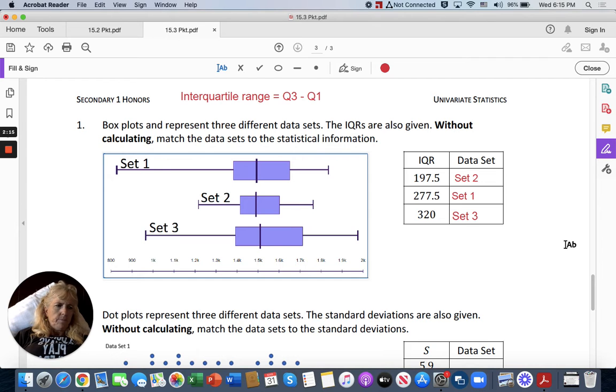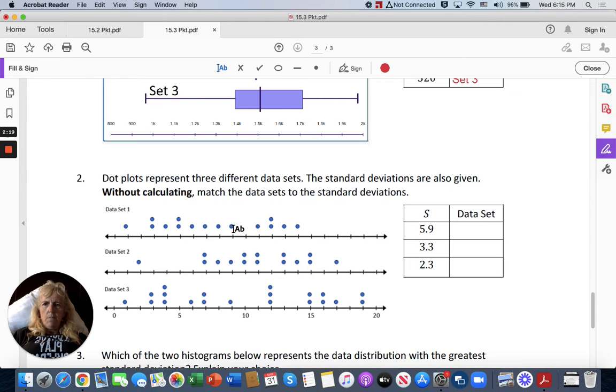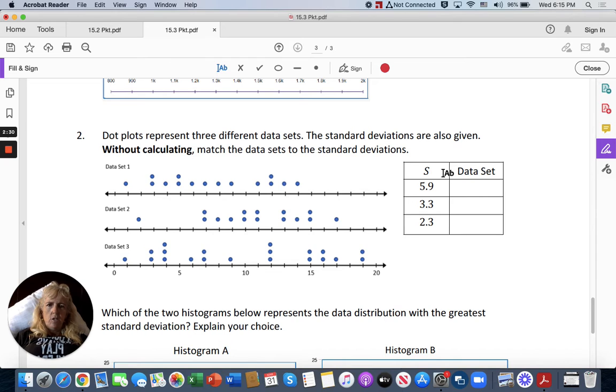Next, here are dot plots that represent three different data sets. The standard deviations are also given. Without calculating, match the data sets to the standard deviations. So which one has the smallest deviation and which one has the largest?